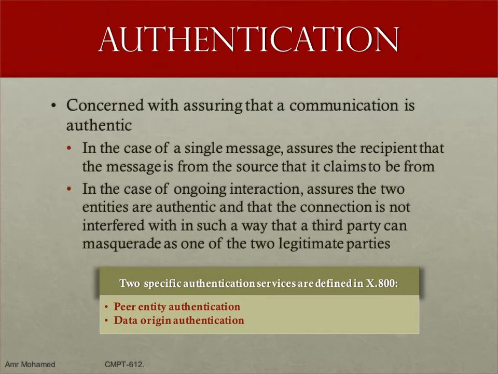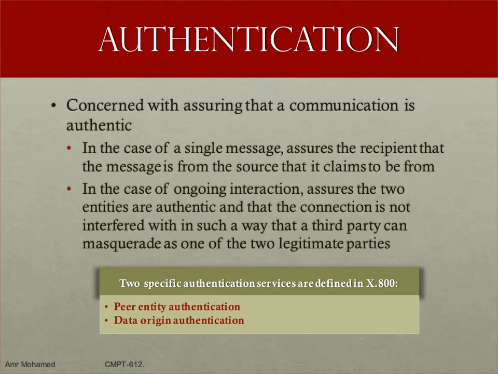Okay, so in the next few slides, we reiterate the security services that we talked about in the previous slide. The previous slide was the summary, and we are going to reiterate. For example, authentication: we talked about peer entity authentication, where we have to secure the peer-to-peer communication end-to-end, which means that we have to authenticate each peer to the other, and we have to make sure that the entire communication is not altered in any way.